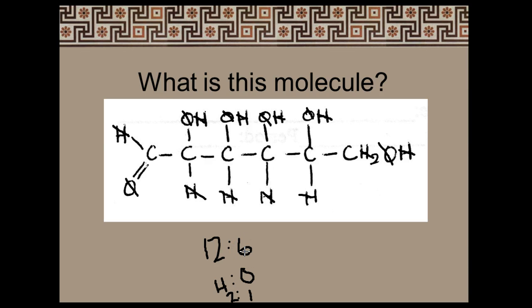An easy way to do this, if you're not great with ratios, is to divide this 12 by 2 and see if it equals the number of oxygen. If we divide 12 by 2, we get 6. 6 is equal to 6, so the number of hydrogen is equal to the number of oxygen.